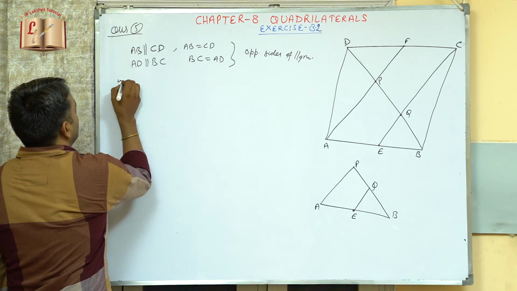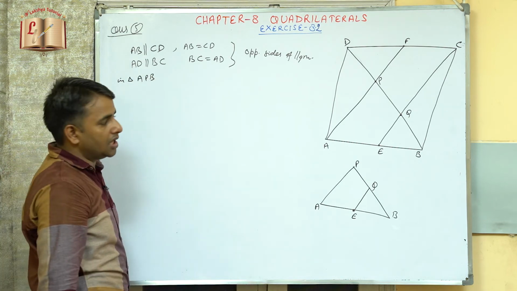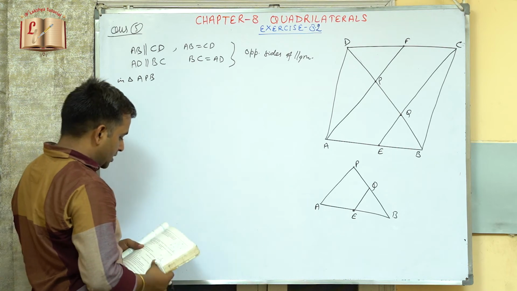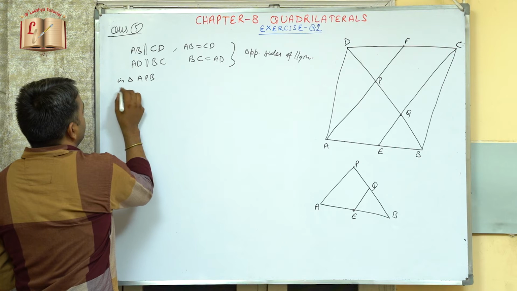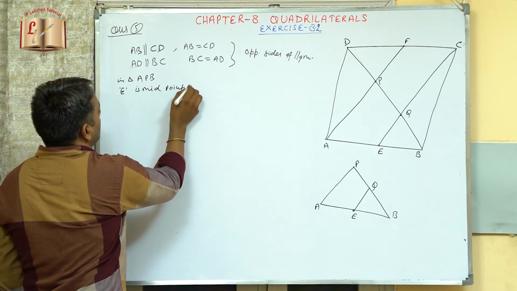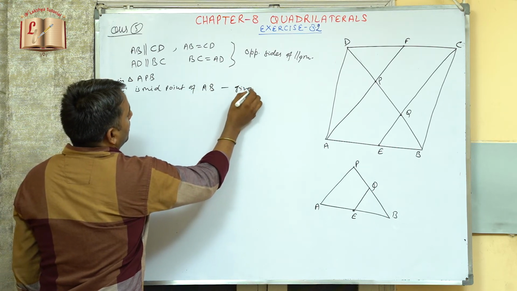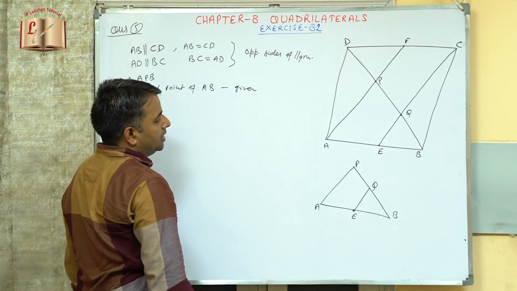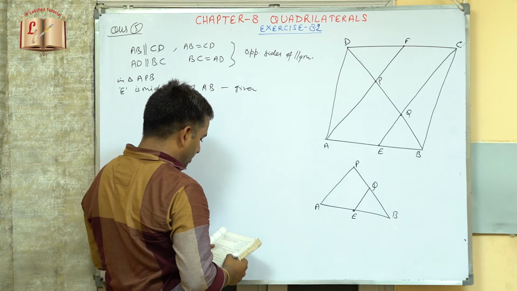So now in triangle APB, this E is the midpoint of AB. This is given to us.